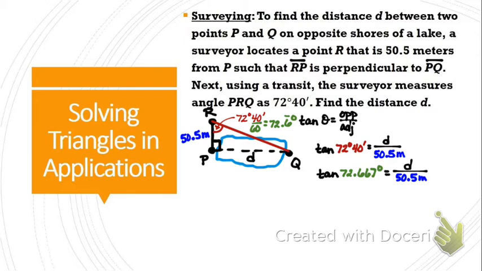Where do I go from here? Multiply both sides by 50.5. So what I'm going to put into the calculator is 50.5 times the tangent of 72.667.